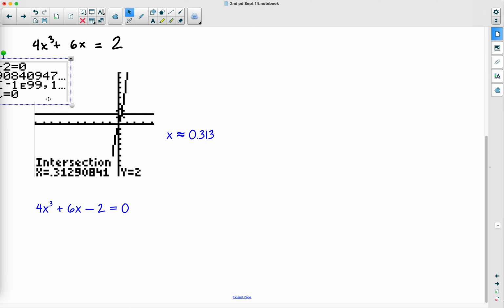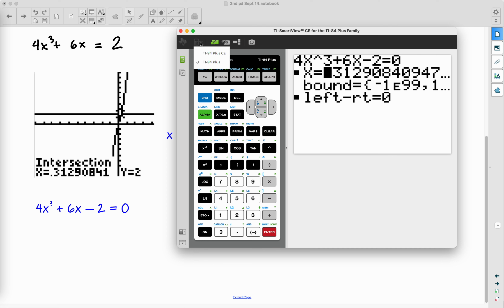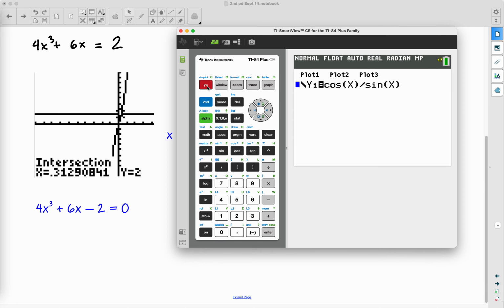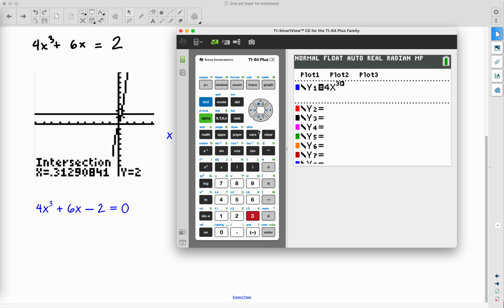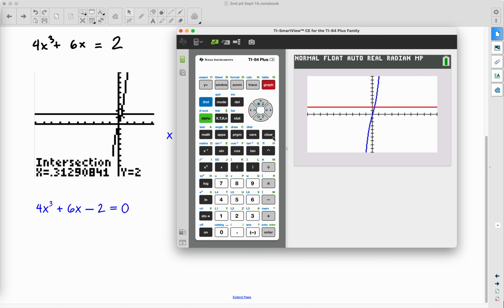The same thing works if you're using the color version with the better resolution, but it works exactly the same way. So for the graph, we put in 4x to the, okay. Sorry, sometimes I forget that I can't just type numbers on this, I have to press buttons. So there's that one, here's y equals 2, here's the graph.